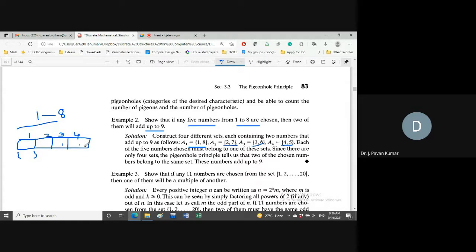Now the fifth number, whatever you choose except these four, can be 5 or 6 or 7 or 8, isn't it? If you put 5, it should be in the fourth pigeonhole. Then definitely we will end up with one pair having the sum as 9.